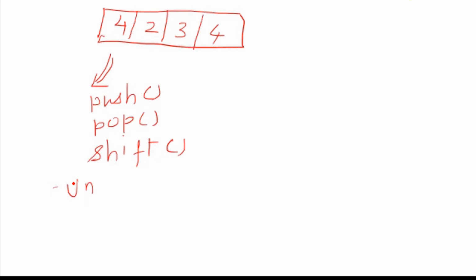U is a smaller case. So the push will take an element as parameter. Usually you will call with some value, say for example, let me say push of 12, similarly unshift of 10.